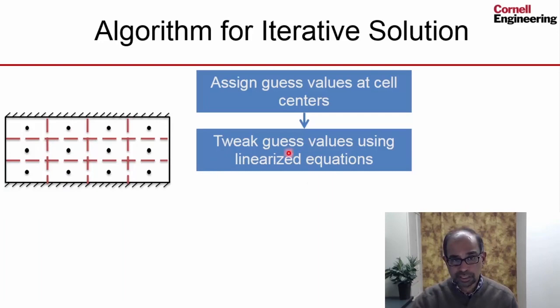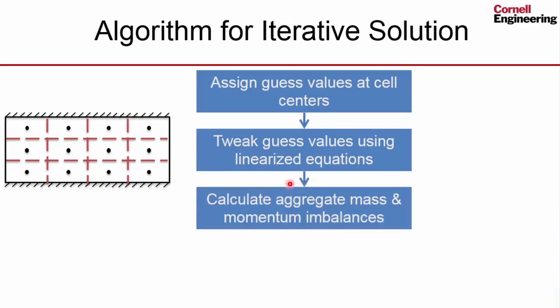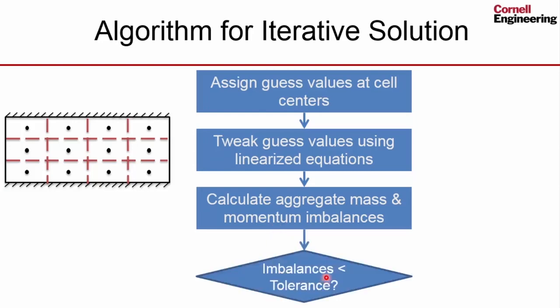So my current solution after I tweaked it will have a linearization error in it. And so I need to know what the level of the linearization error is. And I assess that by calculating the aggregate mass and momentum imbalances, like we talked about. And then we check if the aggregate mass and momentum imbalances are less than a tolerance that we specify.